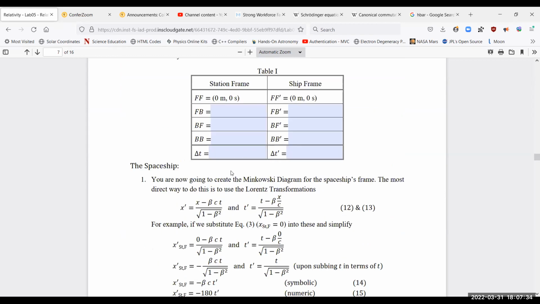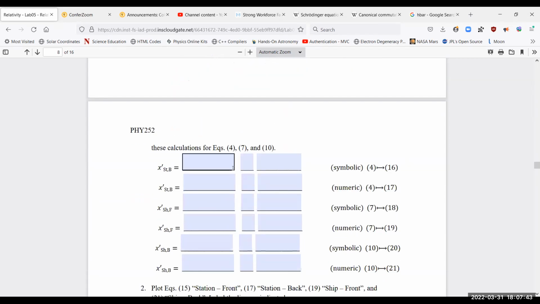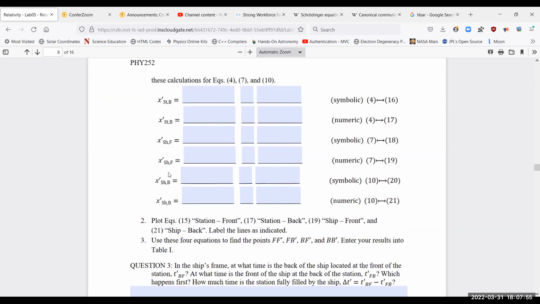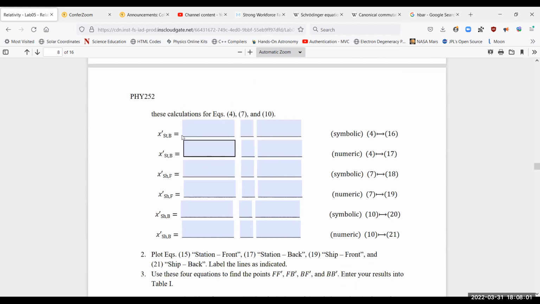Okay, let's look at it from the space station perspective. Now it has to do with the times, actually. I have to find when the back of the ship goes in, and find the position, basically the different positions with the different times and where they are.